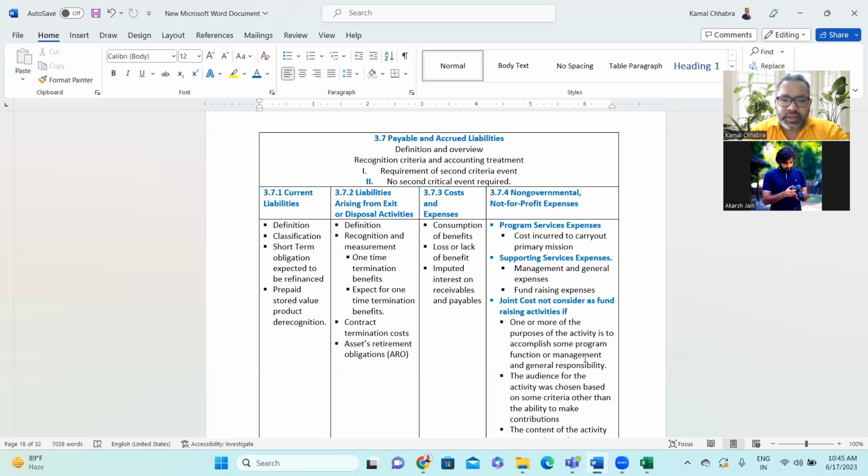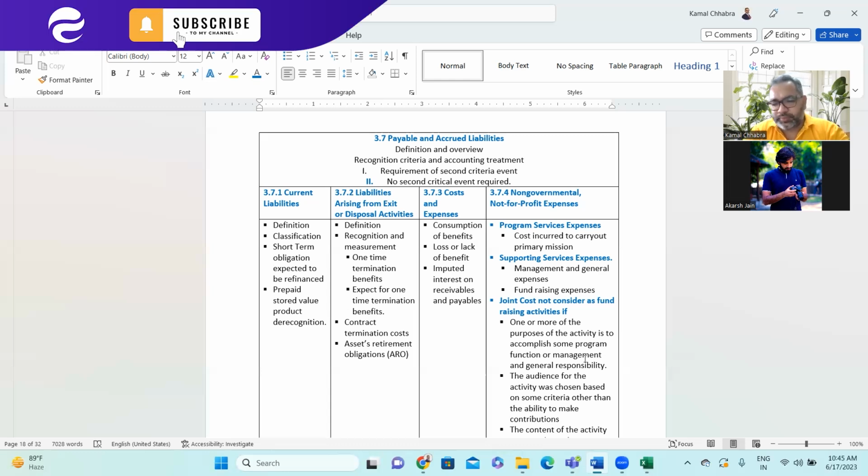Then we'll discuss how to classify the current liability in the financial statement, and how to identify the item which is not a current liability and is to be disclosed separately.